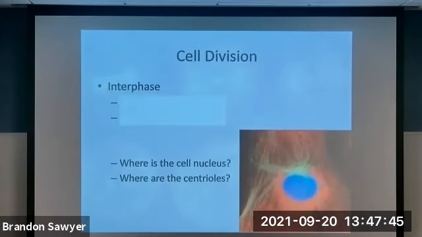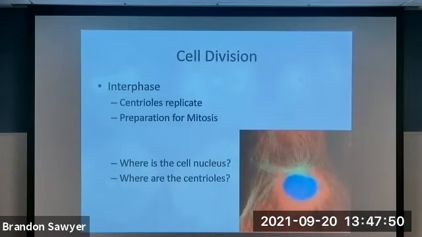Okay, so interphase. We can see the cell nucleus is very solid here, right? The centrioles, which are going to help us with pulling those chromosomes apart, are replicating, so we're getting more of those, getting ready for that. This is all preparation for the mitosis phase.